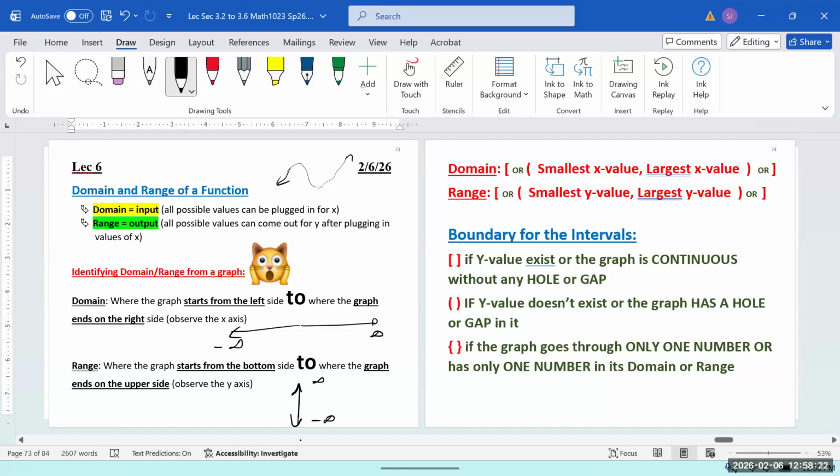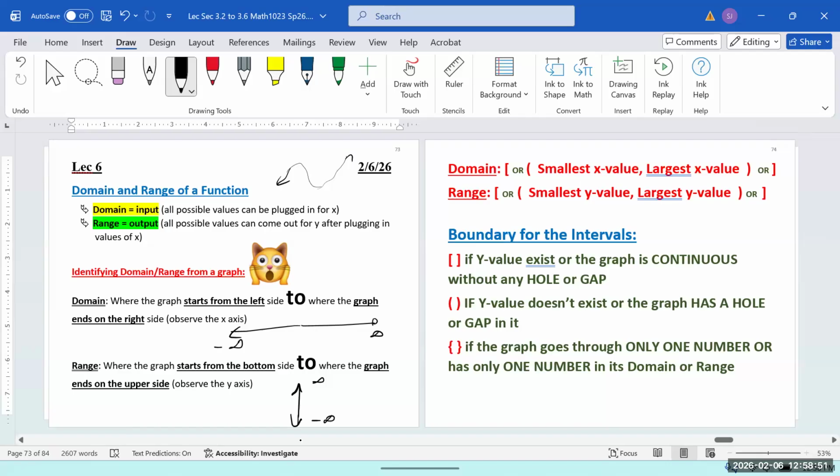Now the boundary, you have three choices. Either you see parentheses, or square bracket, or curly bracket. You're going to use a bracket if the y value exists at the end, where you're stopping at the lowest or the highest value, or if you don't see any hole or gap in your graph.